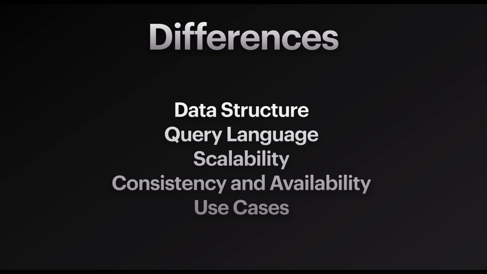And there are some differences. First, data structures. As you know, SQL databases have a fixed schema with tables, rows, and columns, while NoSQL databases offer flexible data models, which can be, for example, document-based, as we will be using, key value pairs, graphs, and much more. The second difference is query language. SQL databases use structured query language for defining and manipulating data.